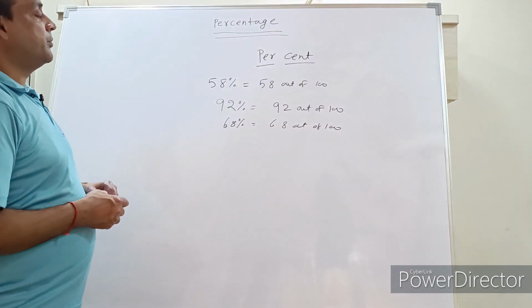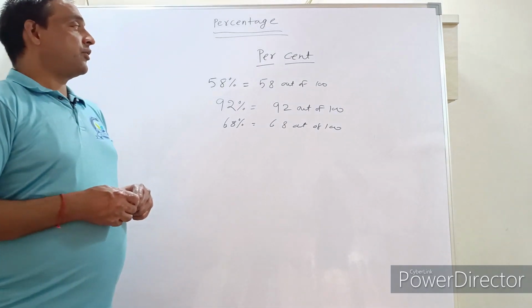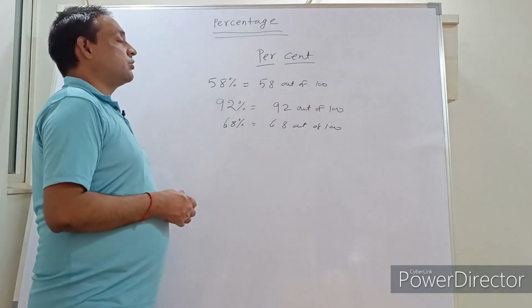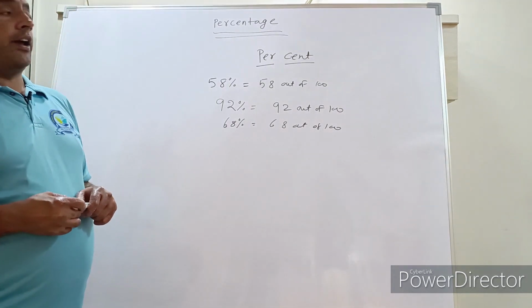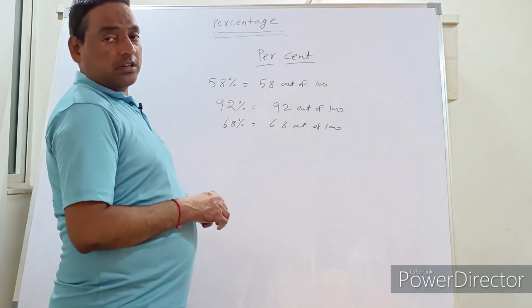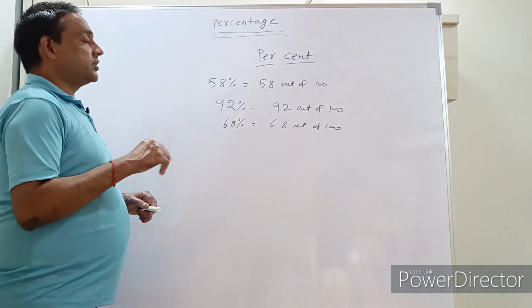Okay, so we'll be studying more about this percentage, how to find the percentage, convert from the fraction to percentage, convert from the decimal to percentage, convert from the ratio to percentage, and then convert from the percentage to fraction also, percentage to ratio also, percentage to decimal also.